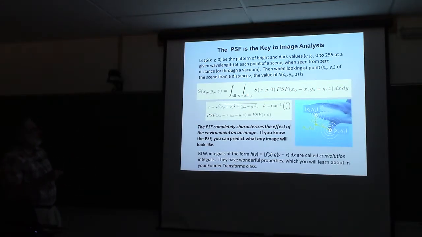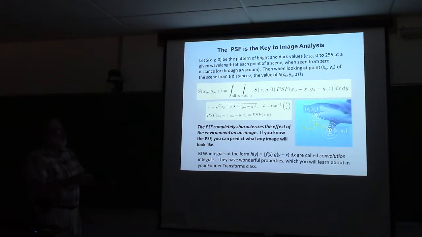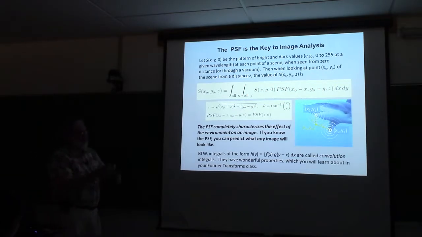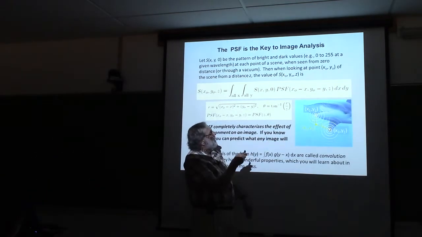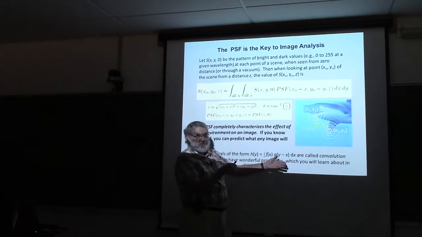You have a scene, so let S(x, y, 0) be the pattern of bright and dark values, maybe at one wavelength, and maybe those are 0 to 255 if it's an RGB image or whatever. But you've got this pattern of bright and dark that is whatever you're looking at, the shark in this case, and that's seen from 0 distance or seen through a vacuum. Then when you're looking at some point x0, y0 from a distance z, you have a pattern of bright and dark, that's S at that point at a distance z.